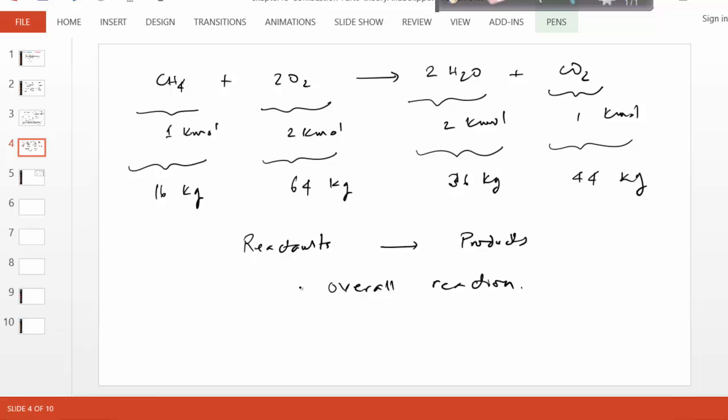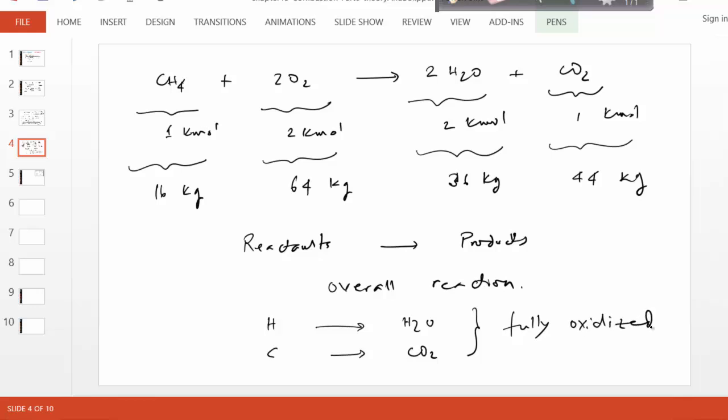Well, in an overall reaction, if all the hydrogen got converted to H2O, and if all carbon goes to CO2, these are called fully oxidized.